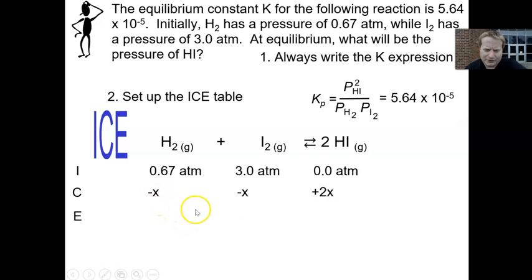The reason why we just use x is, again, because of our coefficients. In this balanced reaction, we would expect to lose 1x of H2 and 1x of I2. And for our products, because we start off with no products, they stand to gain from this.